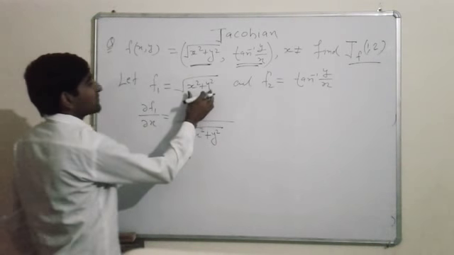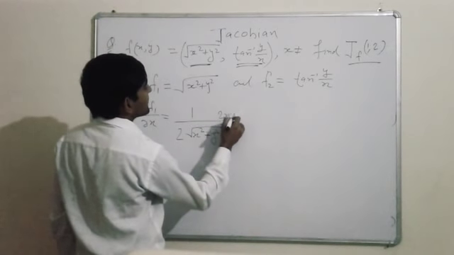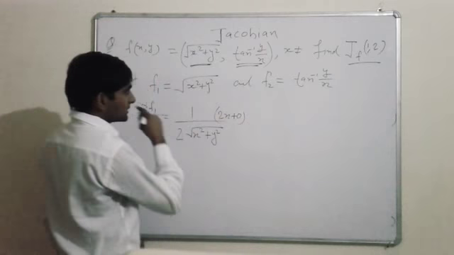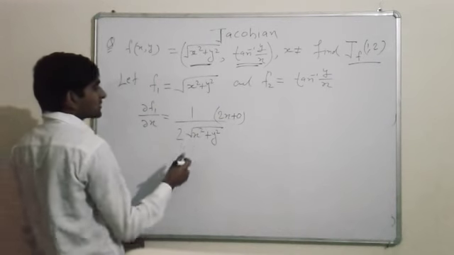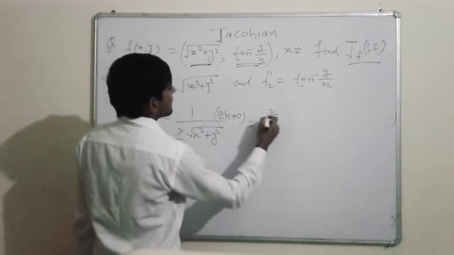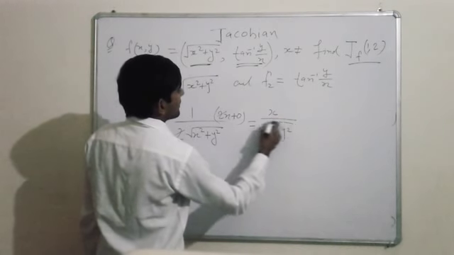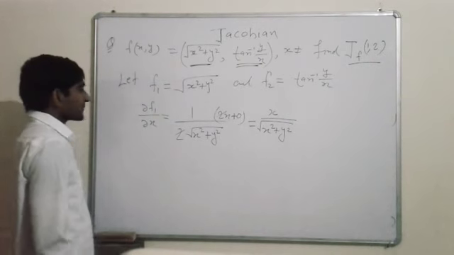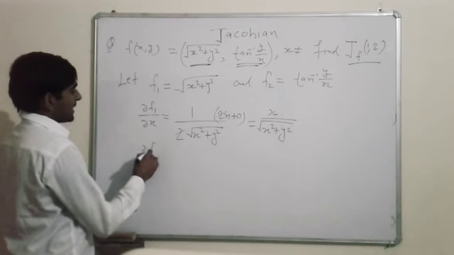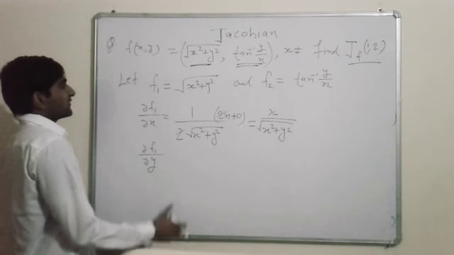Now the derivative of the inside will be 2x plus 0. The 2 cancels. We get only x over √(x² + y²).